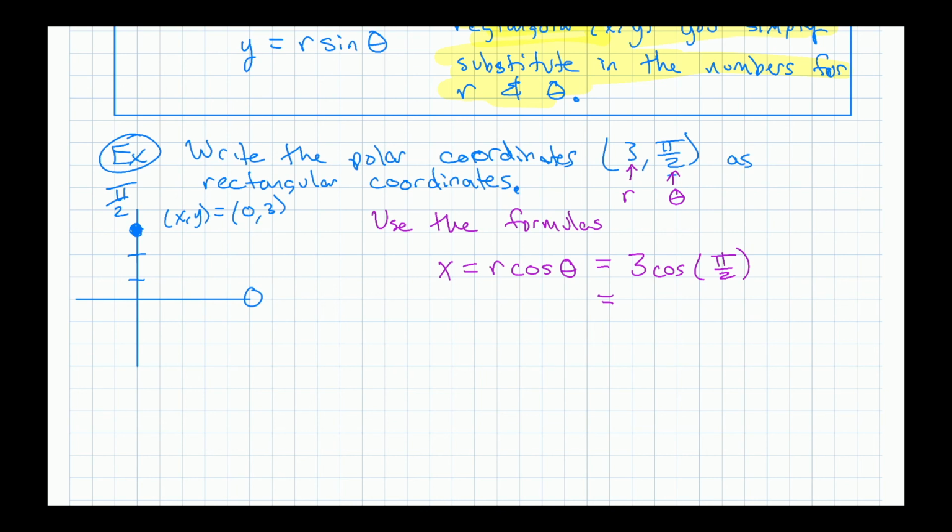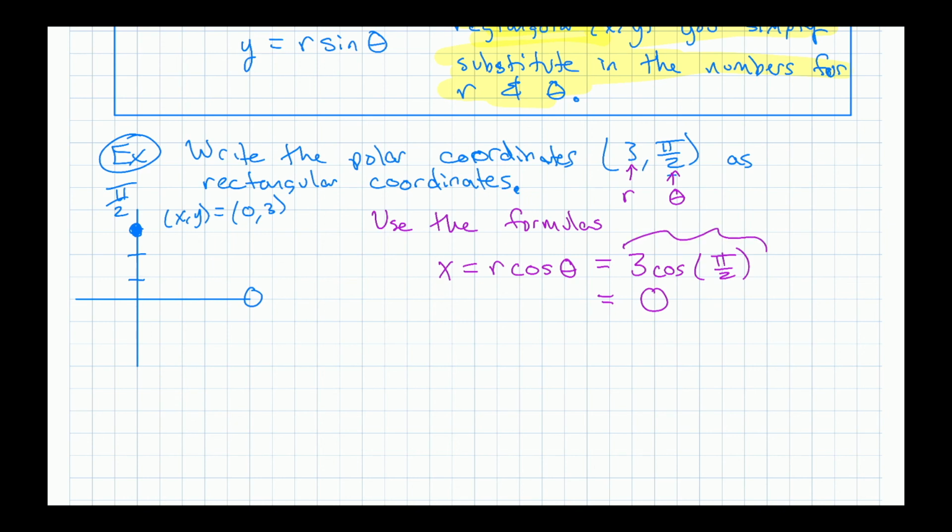Let me actually grab a calculator. Make sure your calculator is in the correct mode, otherwise you'll be in trouble. Then you just type in 3 times cosine pi over 2, and you're going to get 0 because the cosine of pi over 2 is 0.